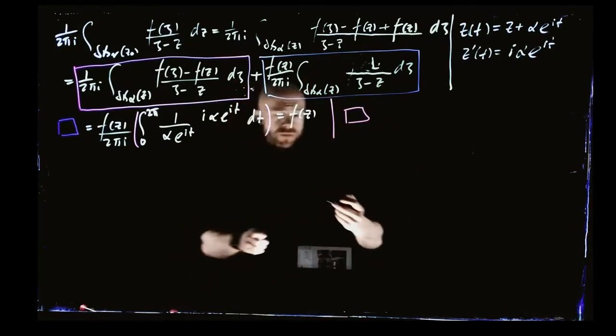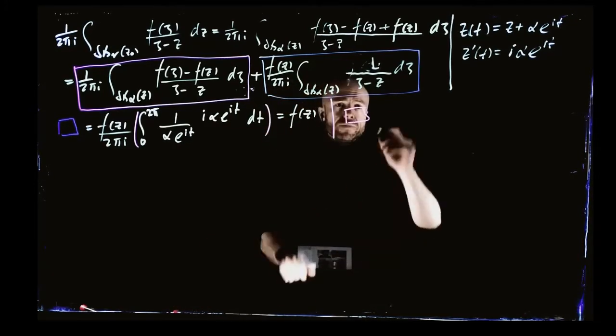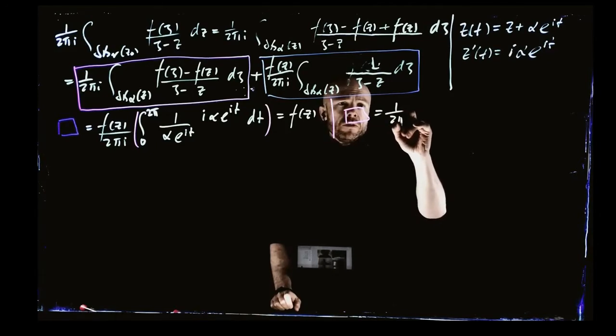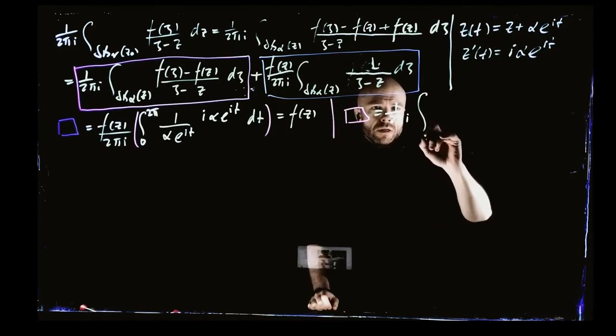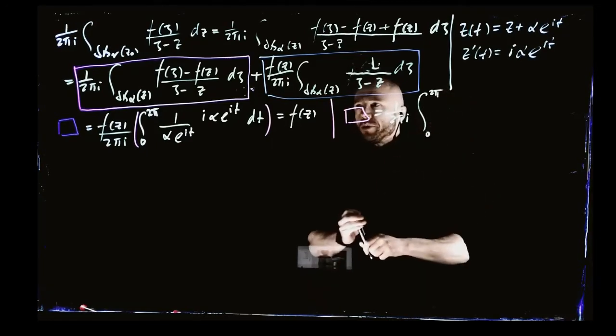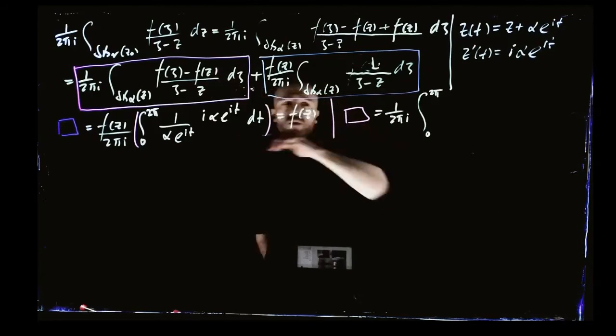What would happen when we parameterize it is we get 1 over 2 pi i, and then the integral from 0 to 2 pi, and then we're just going to have this expression here.